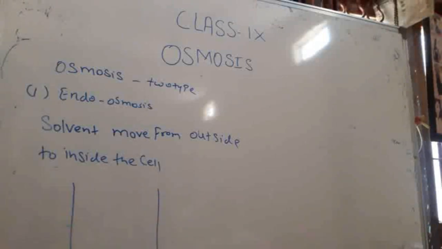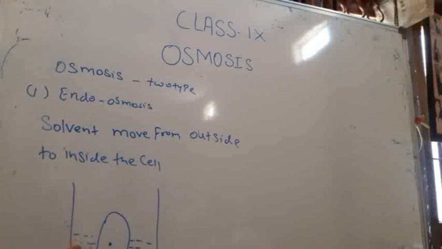Again, here we have taken a beaker, and in this beaker we have taken an animal cell and a solution. So this is the solution. In endoosmosis what will happen?